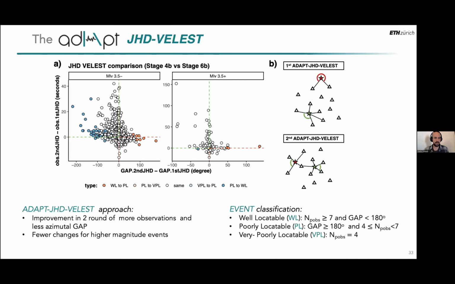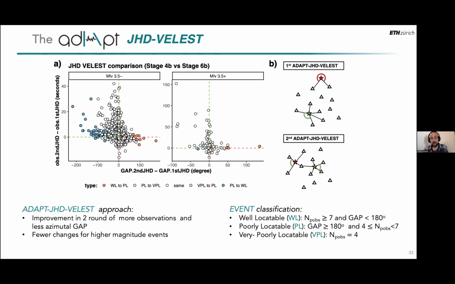This panel says to us that in the second round, we are able to increase the number of observations while also reducing the azimuthal gap of the location. And while this is much more evident for smaller events, as one would expect, it is also pretty much stable with the higher magnitude events, as they are already well detectable and constrained at the first round.